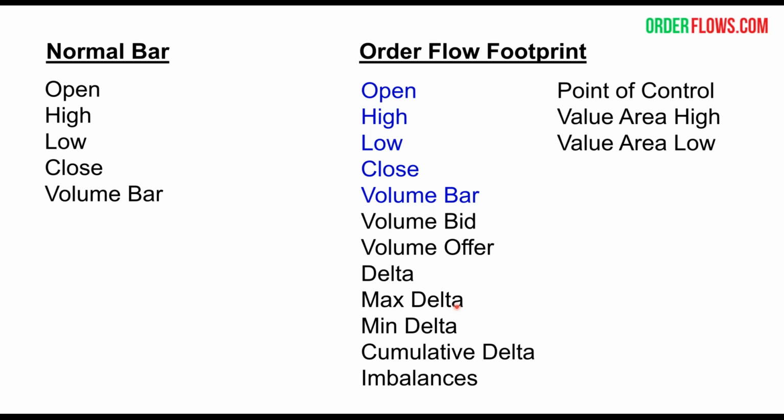If you've ever studied market profile, it's based on understanding where value is. And you could even take it down now to a smaller level and understand where value is in a bar. So it's going to give you an even clearer picture of the direction of the market, right?